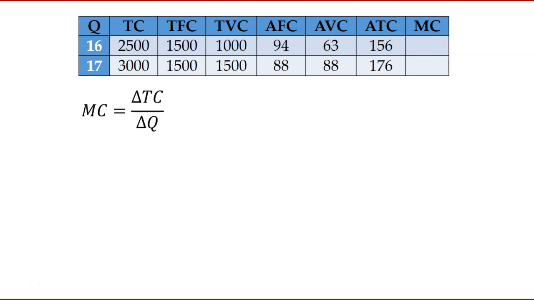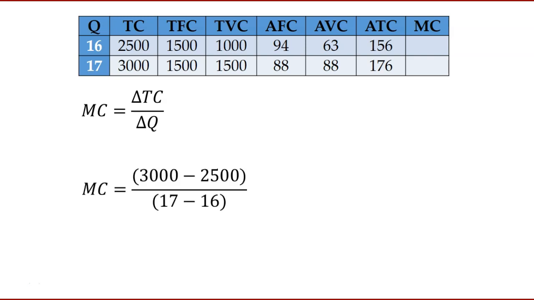Well, we can calculate marginal cost by the change in the total cost divided by the change in output, where that change in output is 1 in this case. So it's the change in total cost is 3,000 minus 2,500 over the change in output, which is going from 16 to 17, so 1. So the cost of the 17th unit, the marginal cost of the 17th unit, is 500.